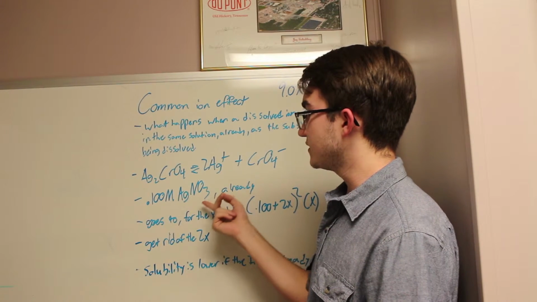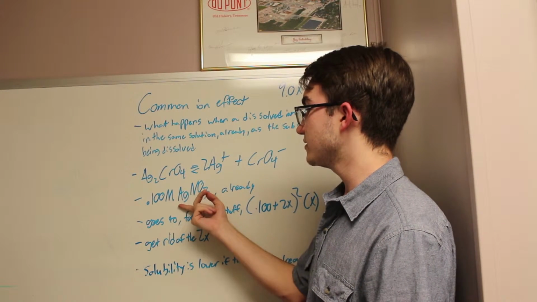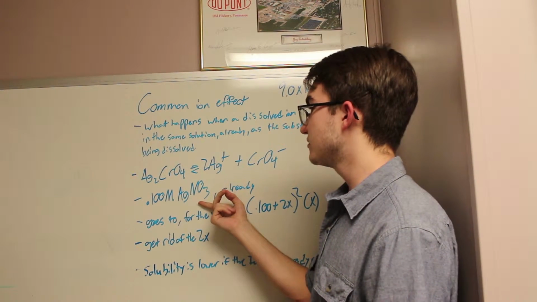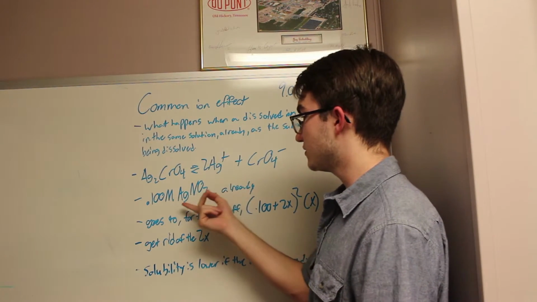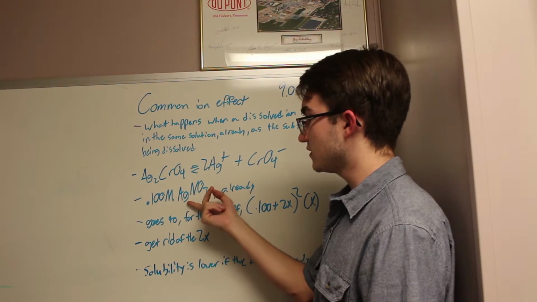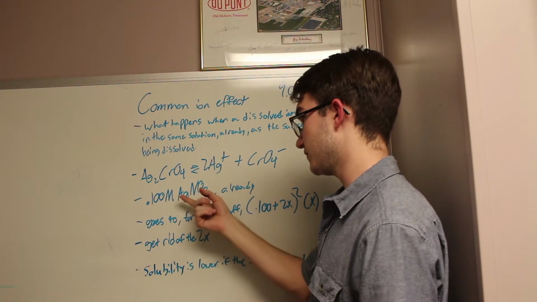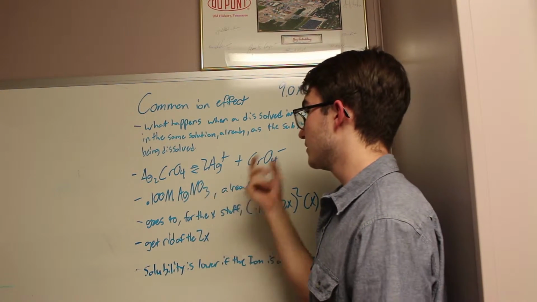But what if it's in a solution of water and silver nitrate? And the silver nitrate is already dissolved in the solution. It's in its separate ions of Ag and NO3.